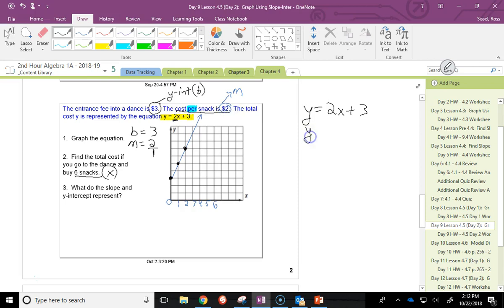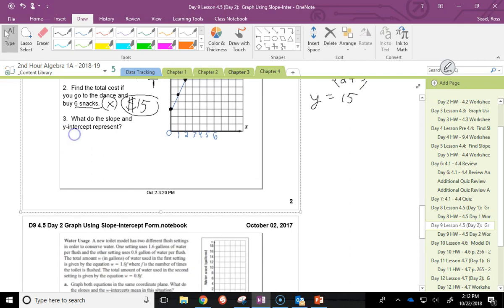So now I'm going to say y, my total cost, is 2 times 6 plus 3. Remember, the plus 3 is the cost to get into the dance. 2 times 6 is 12, plus 3 is our total cost would be $15. So we're going to say our total cost to get into the dance and buy 6 snacks is $15.